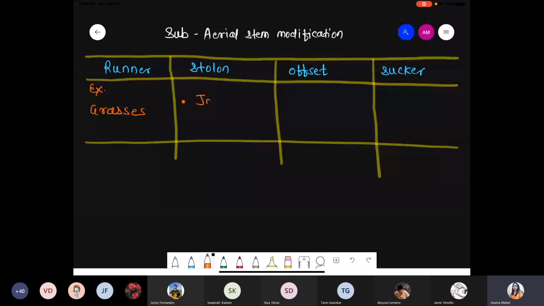Offset, basically it is present mostly in aquatic plants, and you know very well two examples of aquatic plants. Number 1, that is pistia, and the second, that is eichhornia. Pistia and eichhornia. And you know very well, eichhornia is also called the water hyacinth, because it is responsible for algal bloom formation.